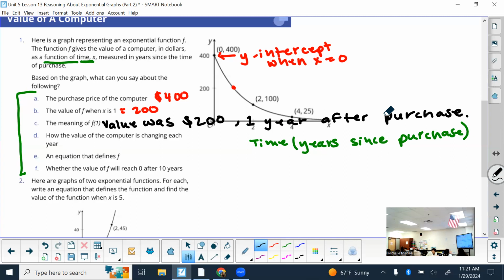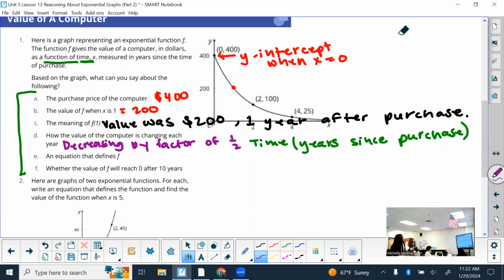Now, table 1, that's a weird sentence. I don't know if it's as weird on your paper, but how is the value of the computer changing each year? Good, decreasing. I would put by a factor of 1/2, because that does happen to be what we are multiplying by each time. You could also just say it's halving each time.